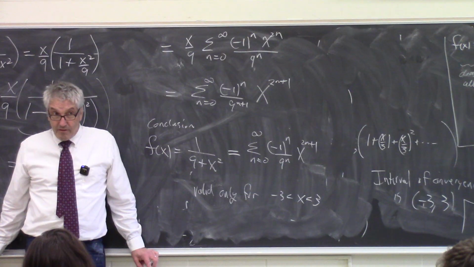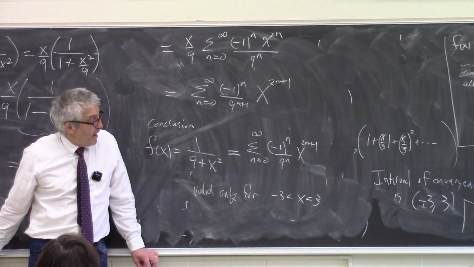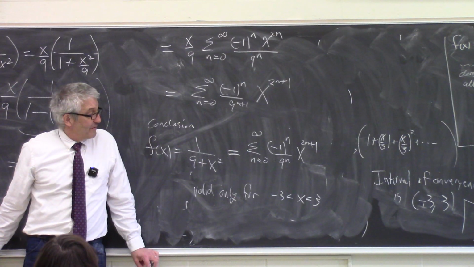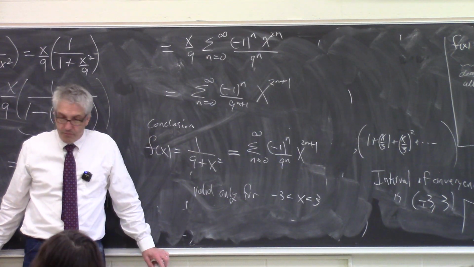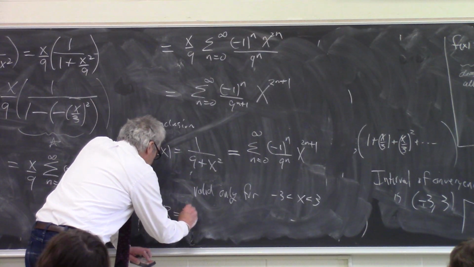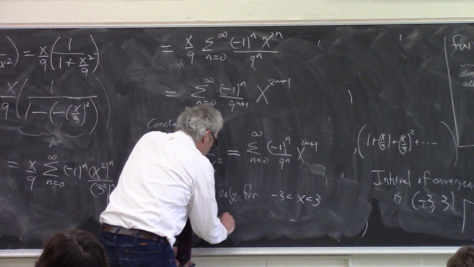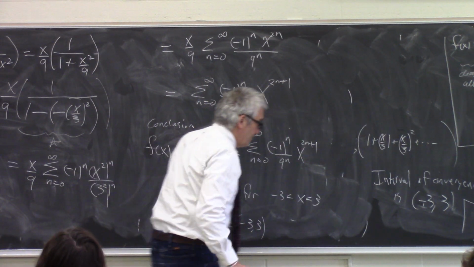I didn't go through the details of checking out the endpoints, but I think you can imagine why, when x is 3 or negative 3, this is going to diverge. So the radius of convergence is 3, and the interval of convergence is minus 3 to 3 without the endpoints.